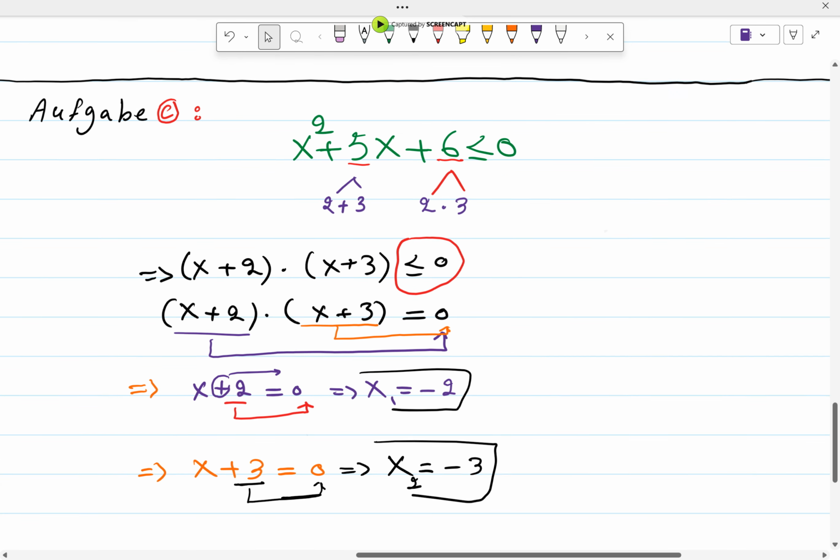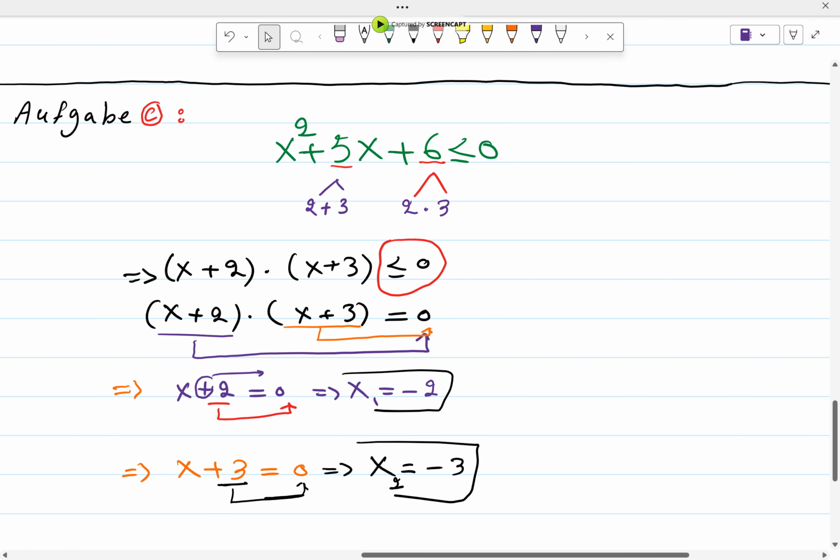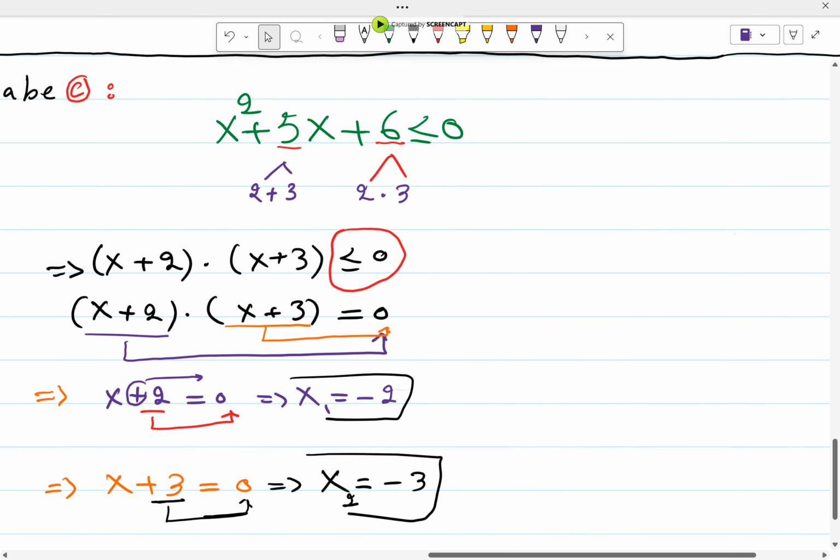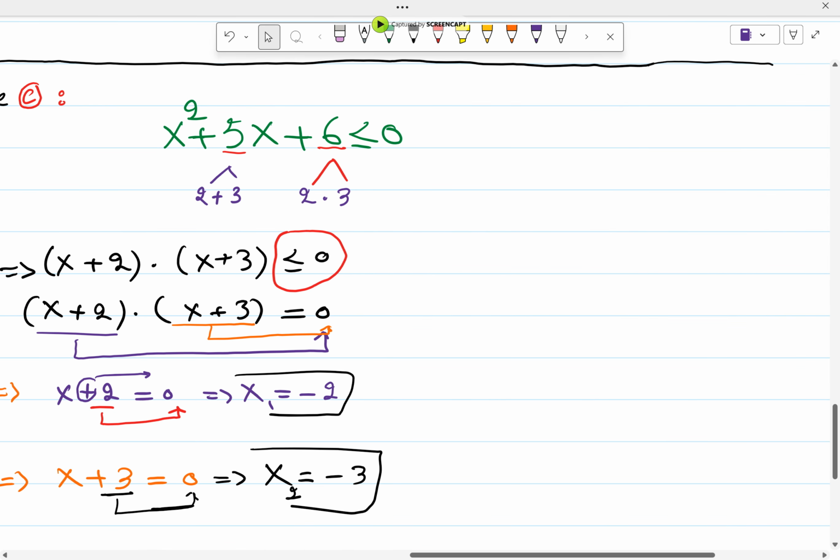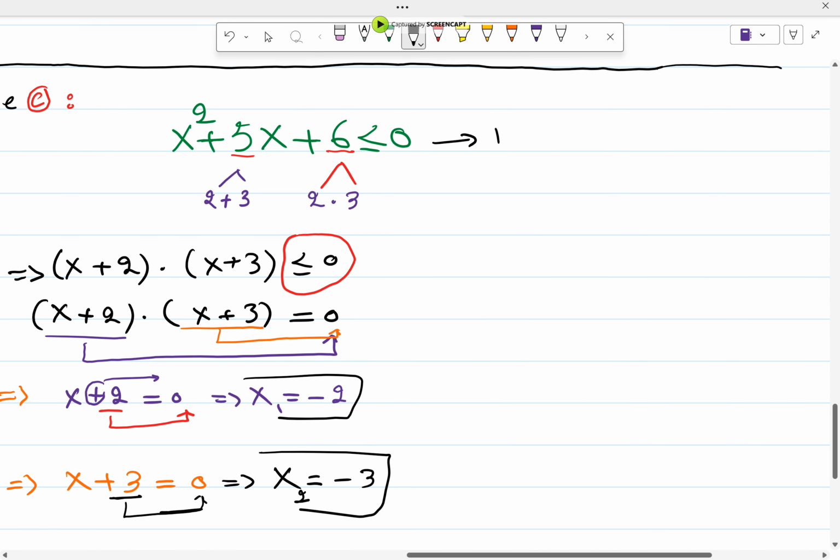Now we want to find the solution of the inequality question. The equality question helps us to solve the inequality question. For solving inequality questions, we must draw a chart.